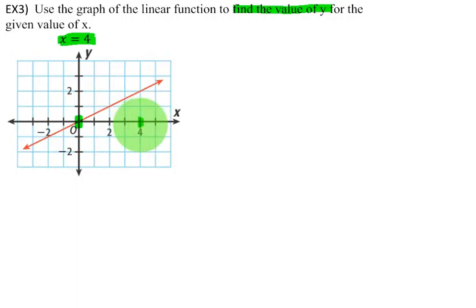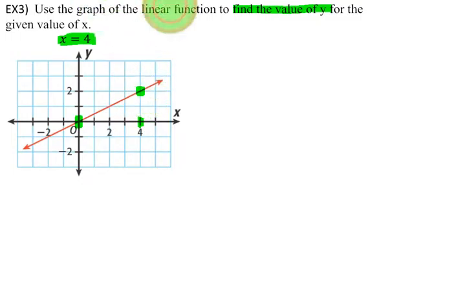Well, it's moving up here, so let's find out how many units I have to move up from the x-axis to pinpoint and locate that line. We'll have to move up 1 and 2 units. So the line is located here.